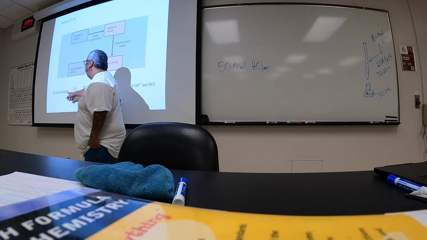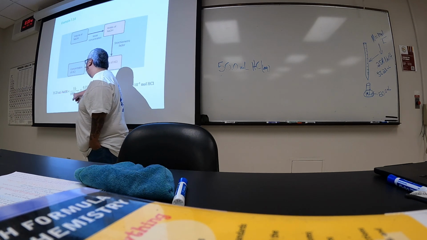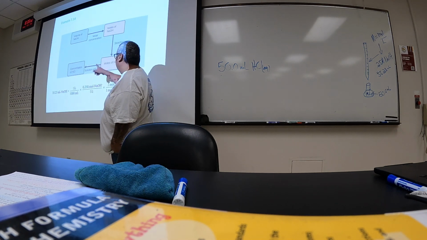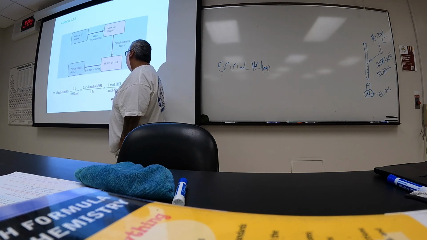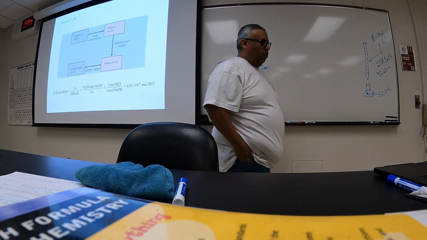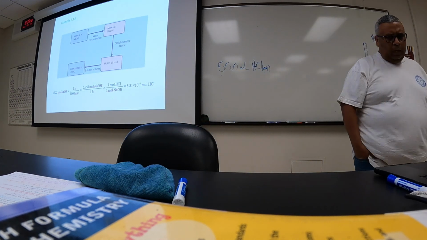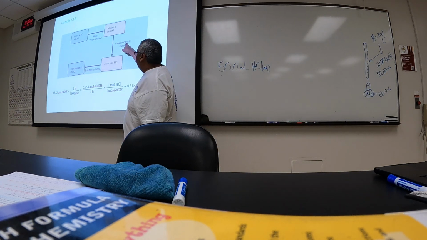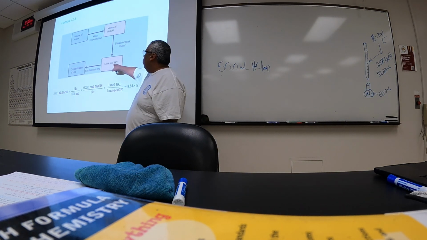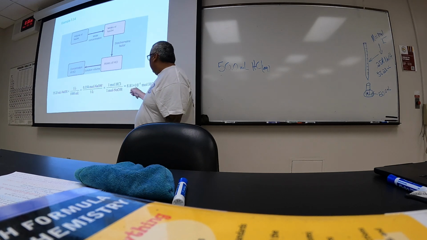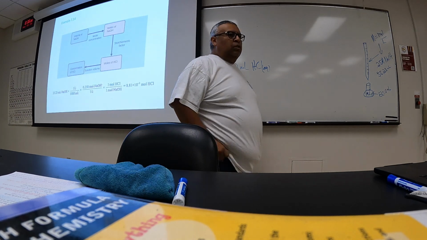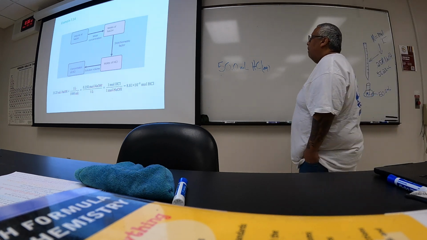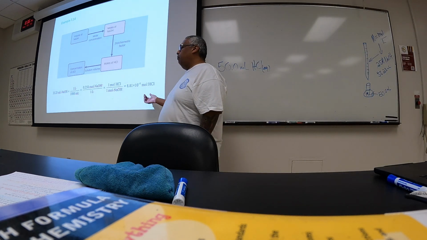Right? We convert milliliters to liters, and then we use the molar concentration to determine the number of moles of sodium hydroxide. Next step, we're going to use the stoichiometric factor in order to determine the number of moles of hydrochloric acid. So here we have 8.81 times 10 to the minus 3 moles of hydrochloric acid.